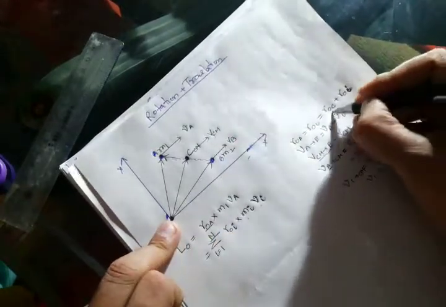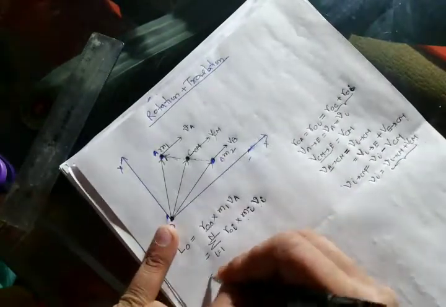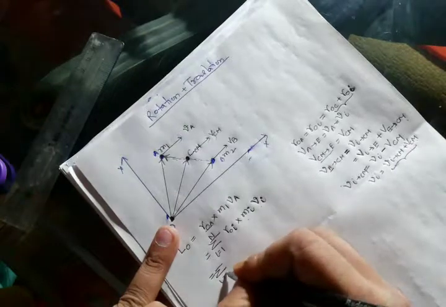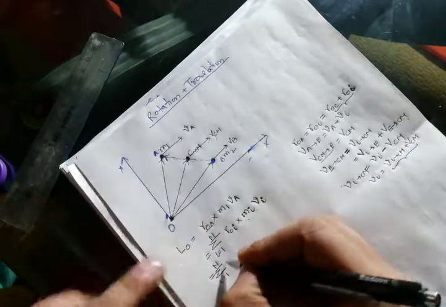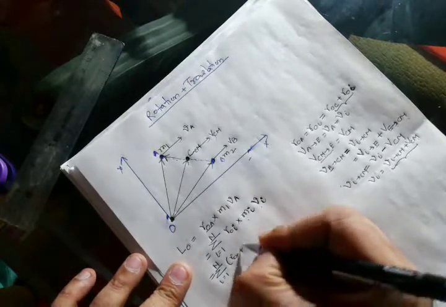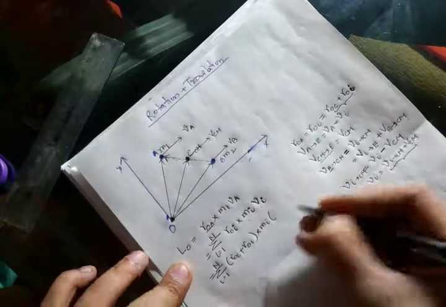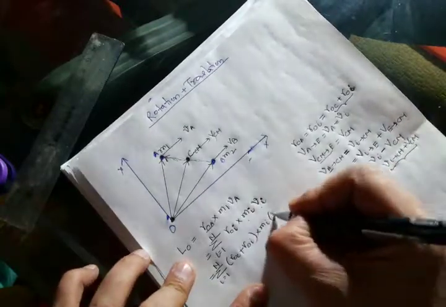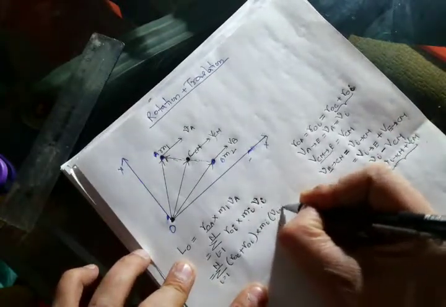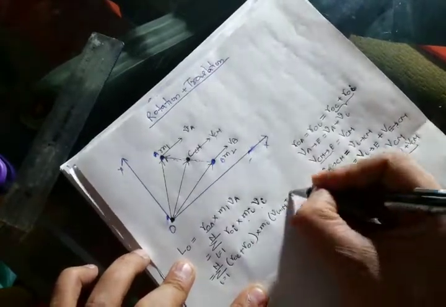Substituting both of these here, LO will be the sum of ROC plus RCI cross MI, and V will be VI with respect to CM, plus VCM.